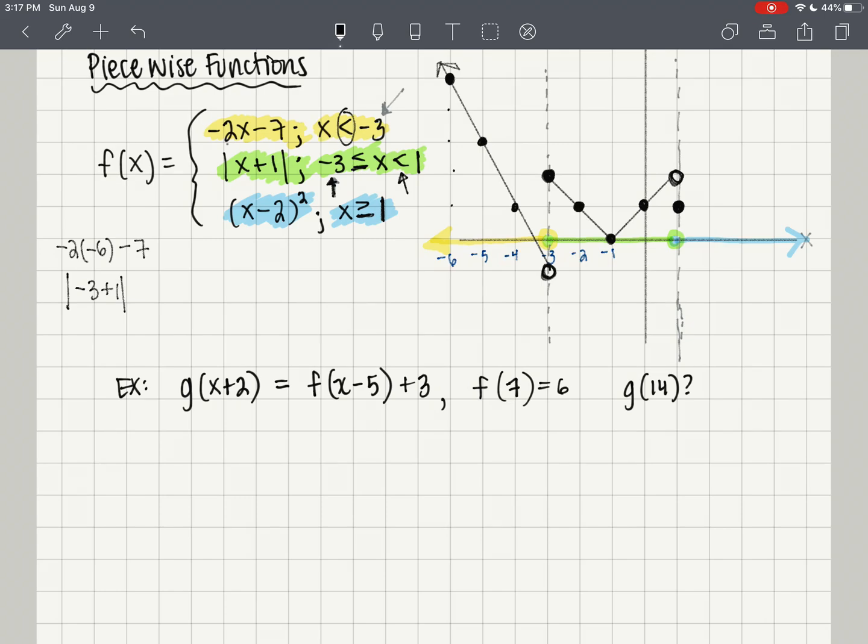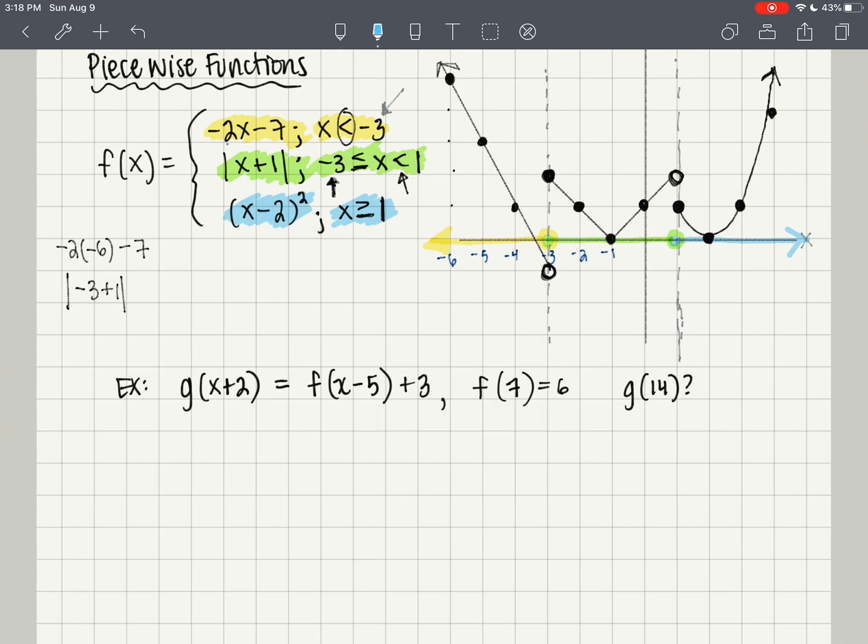So when you put x equals 1, you get a 1 out. When you put a 2 in, you get a 0 out. 2 minus 2 is 0. 0 squared is 0. When you put a 3 in, 3 minus 2 is 1. 1 squared is 1. When you put a 4 in, you get 2 squared, which is 4. And this is a curve that continues to go to the right forever.